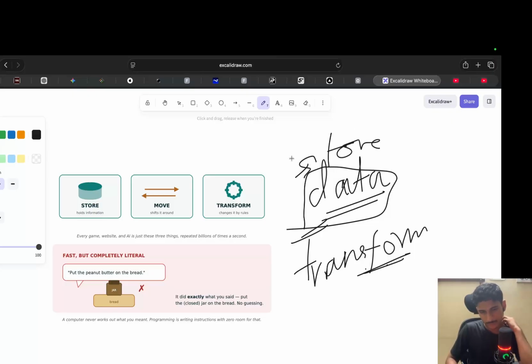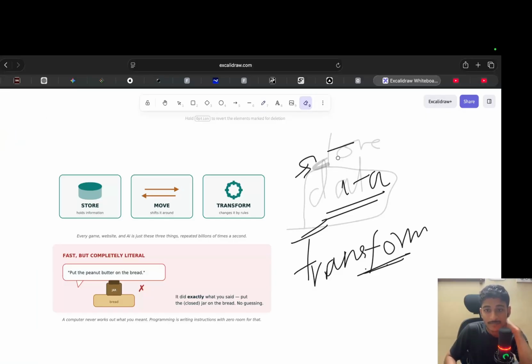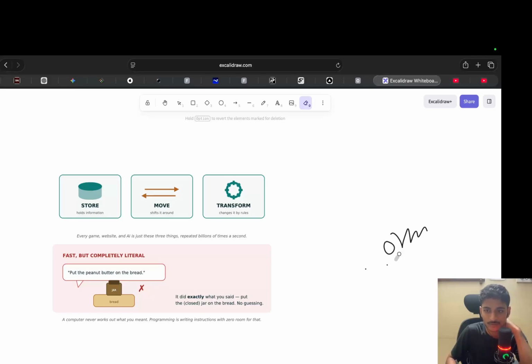As we know, we can instruct the computer to do something, right? The main important thing here is, we're not talking about artificial intelligence or anything very new. We're talking about a simple computer. What does it do? It follows your instructions. So let us take an example. You instruct a computer to put peanut butter on the bread.